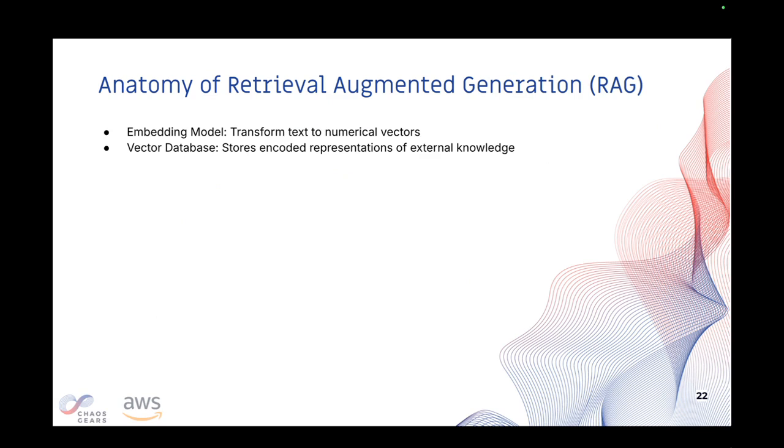A vector database is a special kind of database that allows you to store the encoded representation of your text, so those vectors, and allows you to perform those similarity searches. And the last ingredient is, of course, the LLM that we use to generate the answer based on the retrieved context from your database and, of course, the user query.